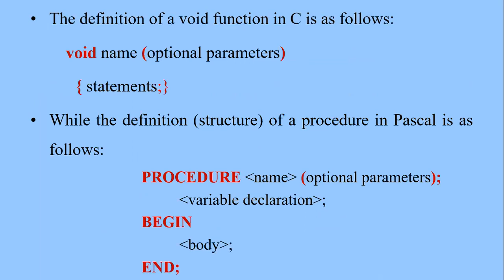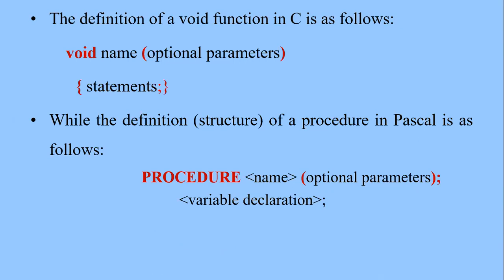And therefore, a procedure, as you can see in Pascal, resembles the structure or the format of the program in Pascal, but instead of having a period on the last part where we have the reserved word end, we put a semicolon.